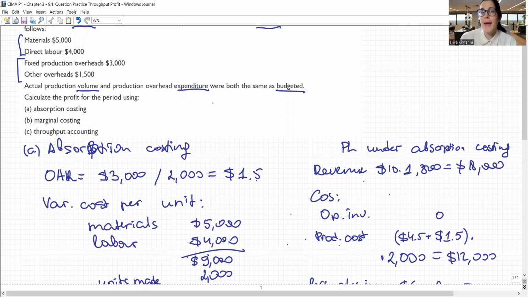However, the amount paid was 3,000 as well. And as such, we do not have either an under absorption or over absorption. Again, because the amount paid equals the overhead absorption rate, which was calculated on budgeted figures, multiplied by the actual production, not sales, production. So that is going to be 0.